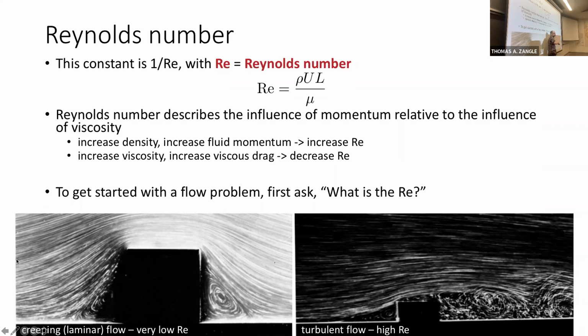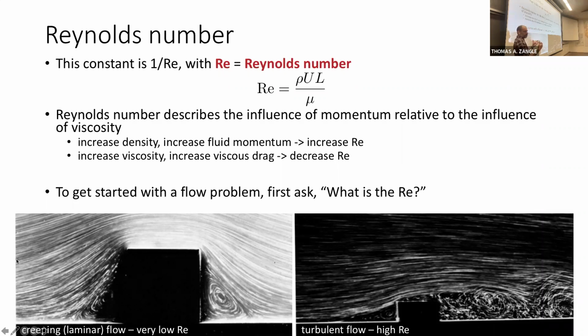For example, we've turned up the velocity quite a bit. Then we transition to what's called turbulent flow, and now that symmetry is lost. There's very different behavior in the front and the back of this block, and this is a qualitatively entirely different flow than this was.